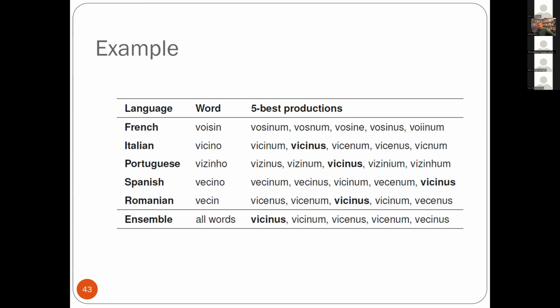So this was the first idea of ensemble. But the second one, which was actually the best, was a little bit changed.